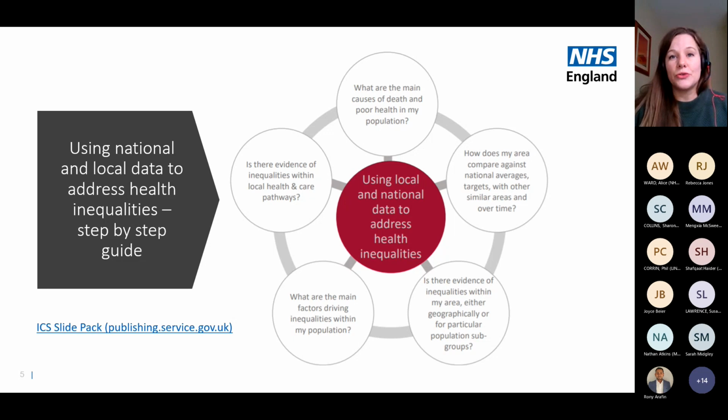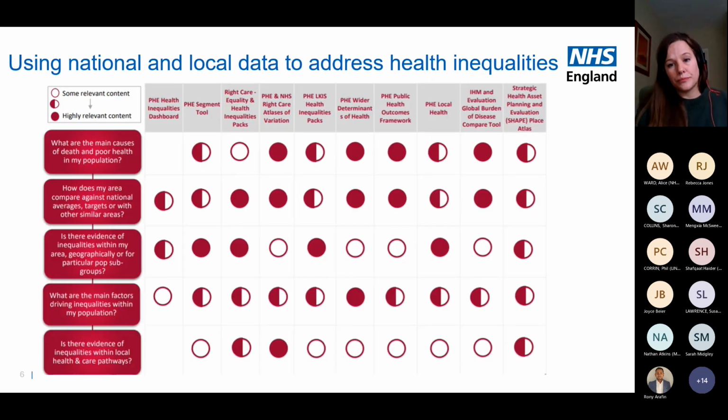What are the main factors driving inequalities within my population? So things like, what are the wider determinants affecting my local populations? And is there evidence of inequalities within local health care pathways? You'll see that not all the tools are able to answer each of these questions, but when we bring them all together, it can help us to do that.